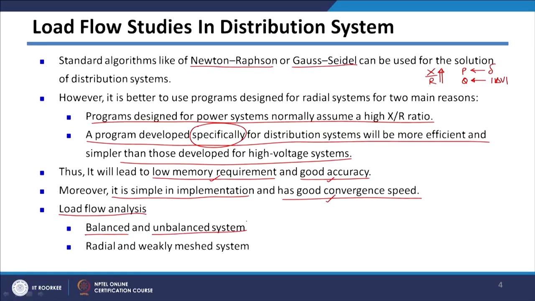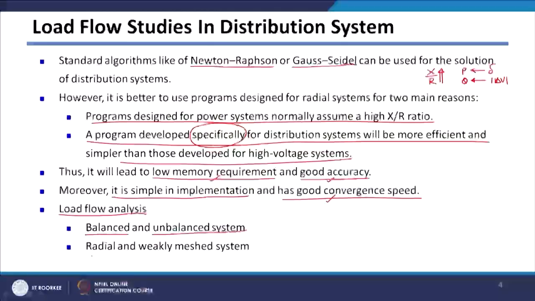Generally, we have seen that distribution systems are unbalanced, so in many cases we need to study unbalanced systems. Also, we can take advantage of distribution systems being mainly radial as well as weakly meshed. So we will develop the algorithm for radial systems or sometimes weakly meshed systems.